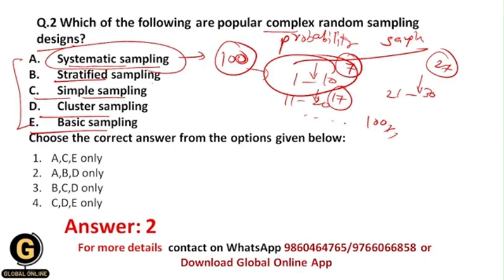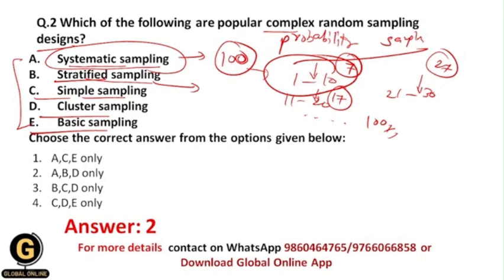Next is stratified sampling. Stratified sampling is done when there is a heterogeneous population, whenever the population includes people with lots of different characteristics. So for example, here I have a heterogeneous population.